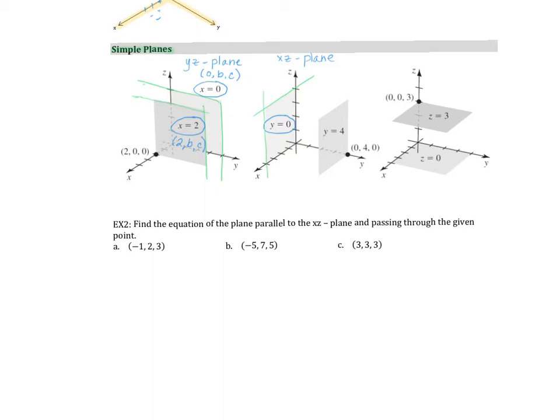So these points take the form (a, 0, c). And if I look at any plane parallel to the xz-plane, say this next one where y = 4, points on this plane will always take the form (a, 4, c).